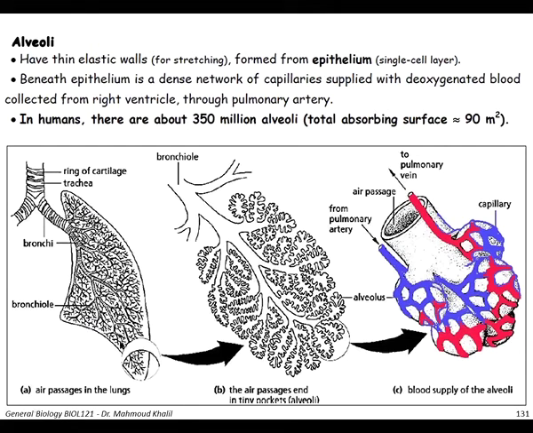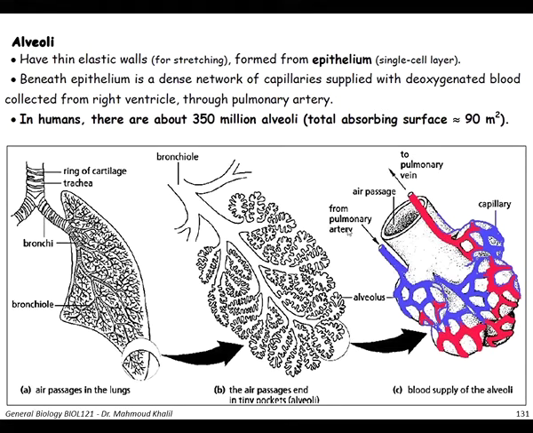You can see, if you enlarge a part of the lung, that it ends up with many alveoli. If you enlarge one of the alveoli, you can see that the alveolus is heavily supplied with blood capillaries.